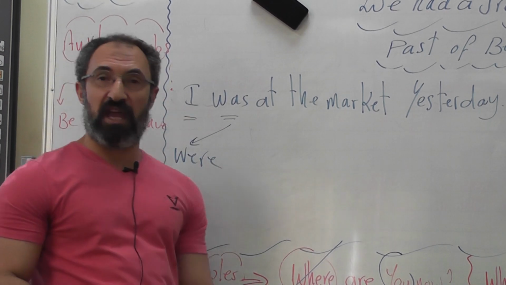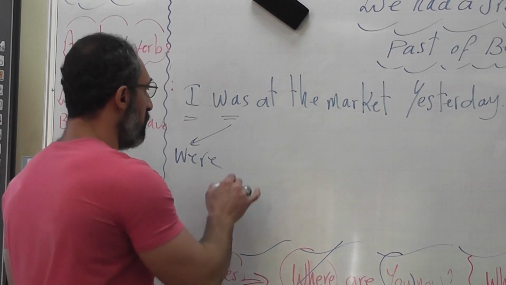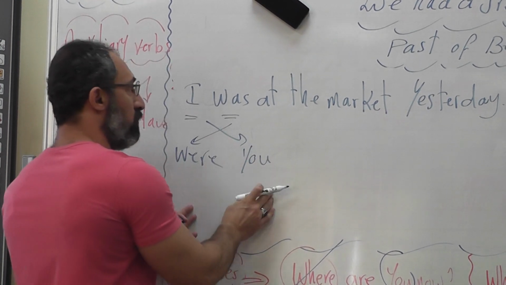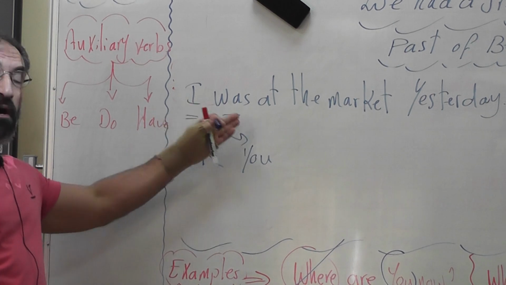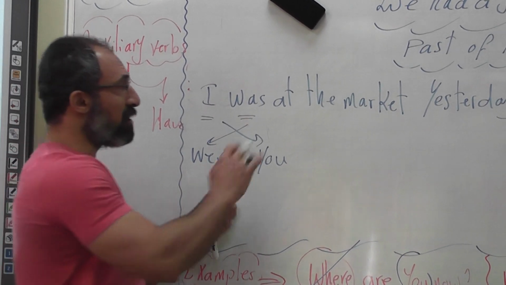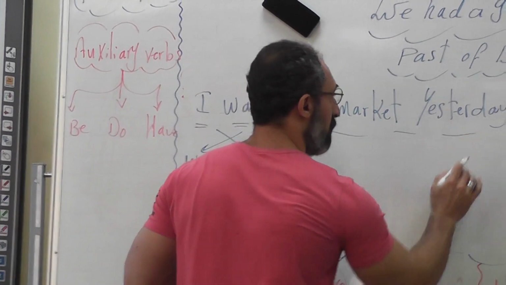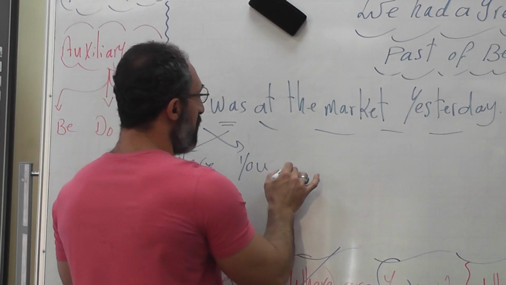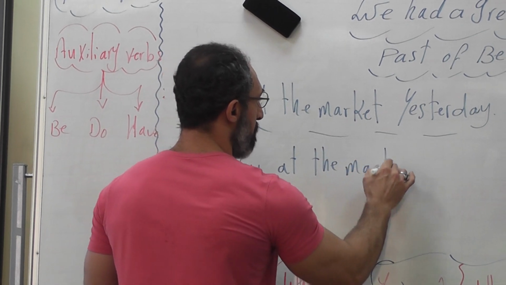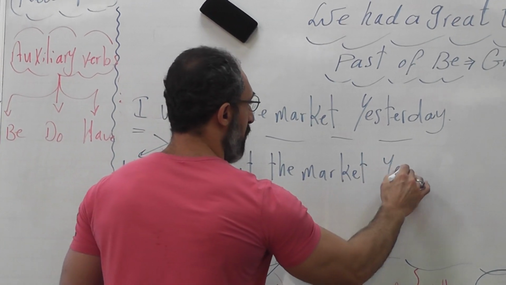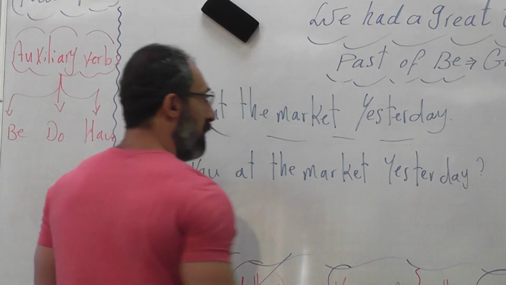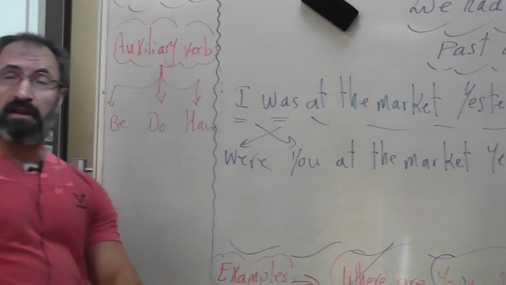And I to be changed to you. So, were you. So when I have I was, it should be converted into were you. Then complete each word as it is. Were you at the market yesterday? Okay? So, were you at the market yesterday?